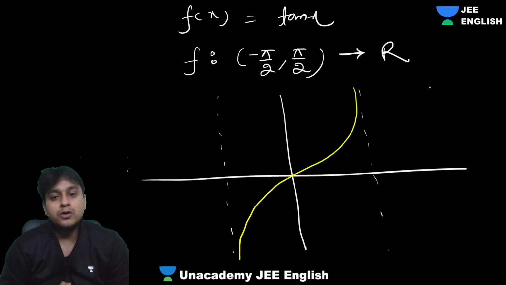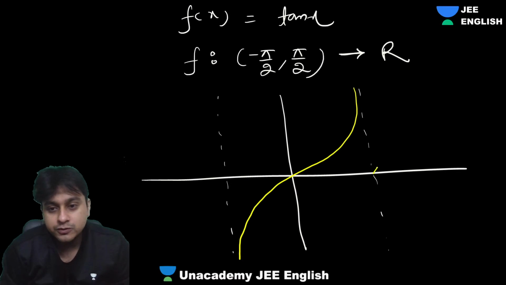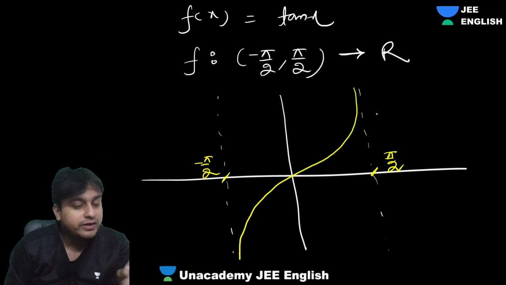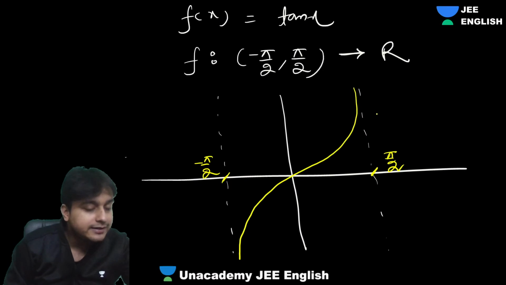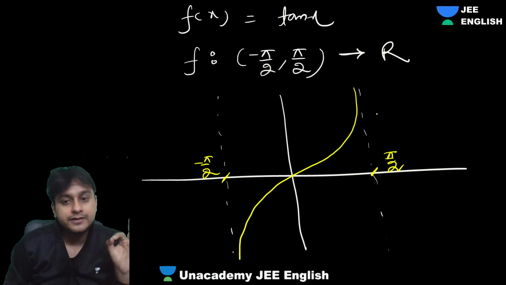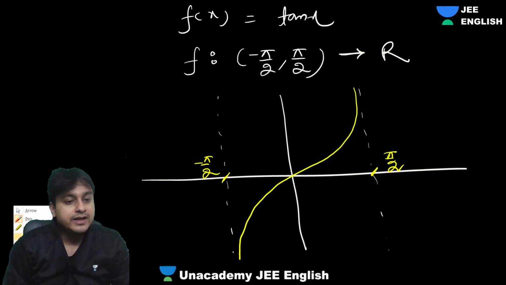Now what to do? Here, this is pi by 2 and this is minus pi by 2, and this is infinity, this is minus infinity. I'm just trying to take the points so that I can reflect it and get the graph. You might know about asymptotes.